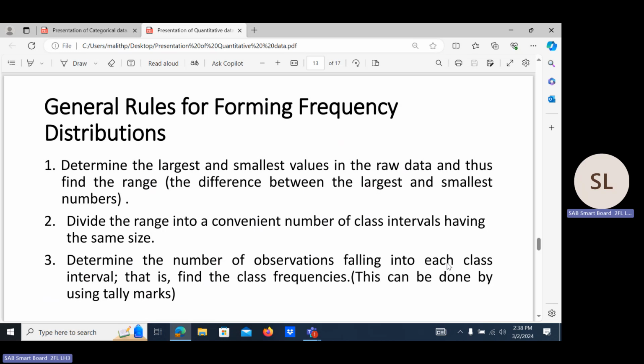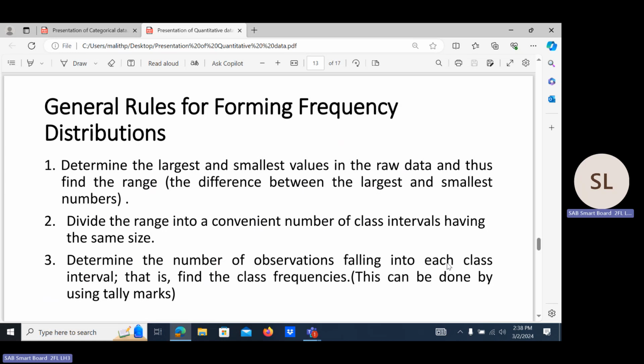Then we decide how many class intervals we need. Think we need 5 class intervals. It is your assumption. We assume 5. Now you have the range, which in the same example is 20, and we need 5 class intervals.